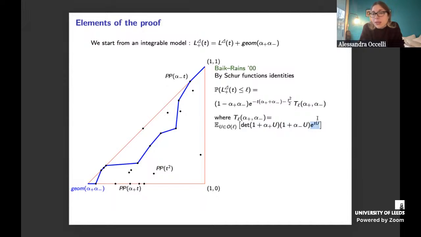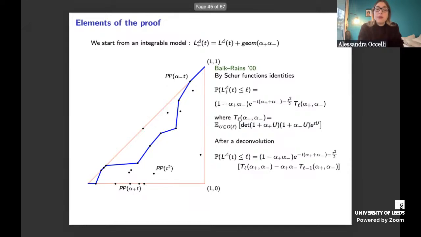If you take the determinant, this would be simply e to the t trace of u, perturbed by the determinant of 1 plus alpha plus u, 1 plus alpha minus u. There is a perturbation given by the presence of the boundary processes.